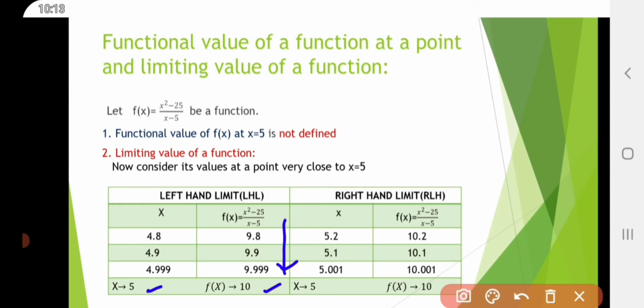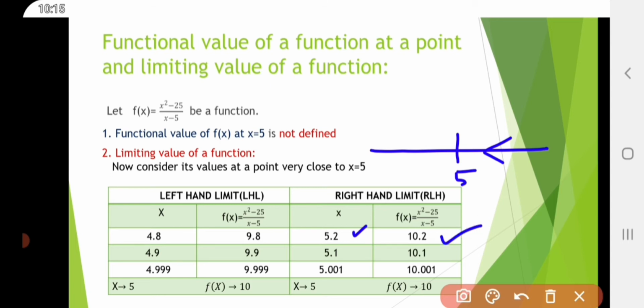Similarly, you can approach from right hand side. Now x approaches 5 from right hand side, and here x value is very close to 5. So when x equals 5.2, the value of f of x is equal to 10.2.